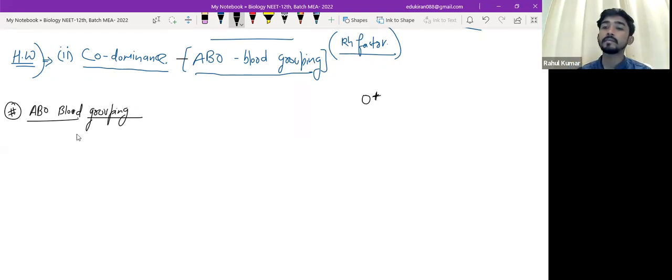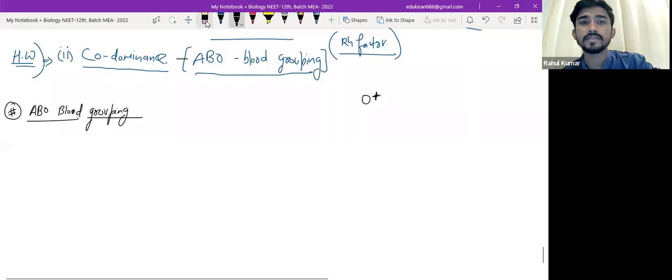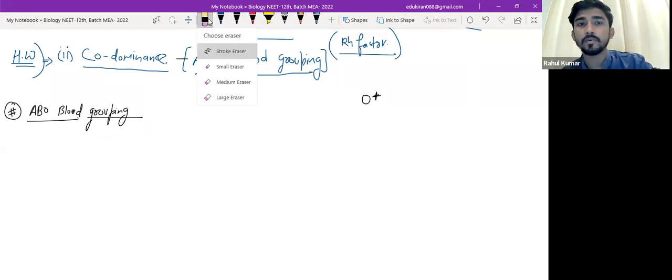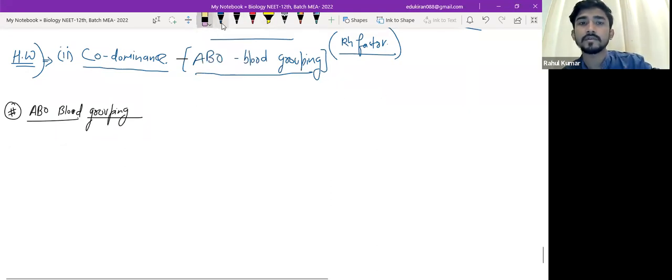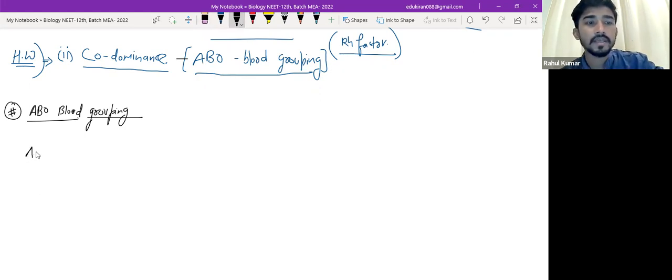Now, how many permutations and combinations can be there with blood grouping? If someone's blood group is O, let's start with the basics. Now you have to tell me all the possibilities with that, the allele possibilities. If someone's blood group is A positive, then what could be the possible genotype?